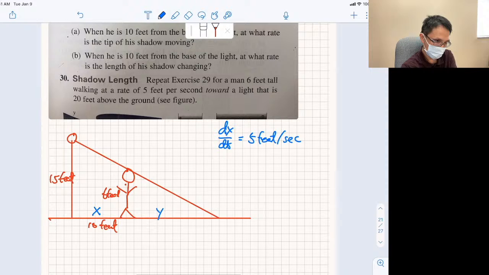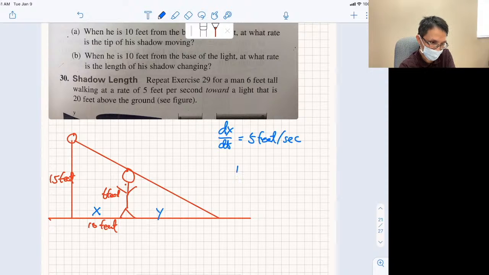X over 15 over y over 6. Almost. Not right, but almost correct. X over 16, y over 5? No. Maria? X plus y over 15 and then y over 6.